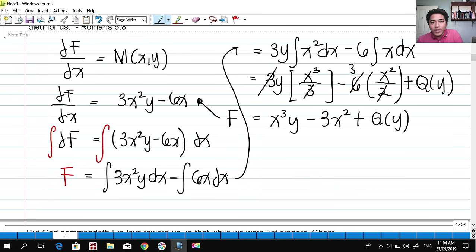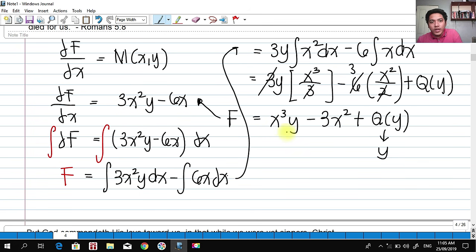Okay? So, even if I'm going to add, let's say, q of y, even if I'm going to add y here, let's say q of y is equal to y, and I'm going to get the partial derivative of this f with respect to x, okay, I shall be still arriving at this answer.